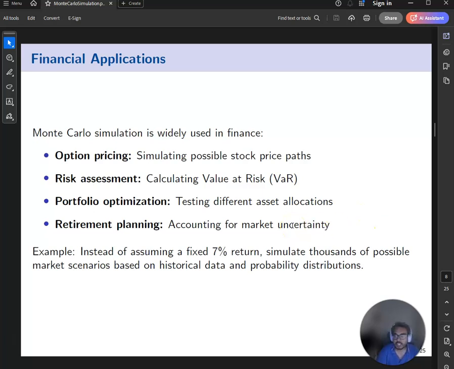These are all different applications, as you can see, but they share a common theme. They are all replacing simplistic deterministic forecasts with a much richer understanding of a range of possible outcomes, helping decision makers better understand and manage risks.